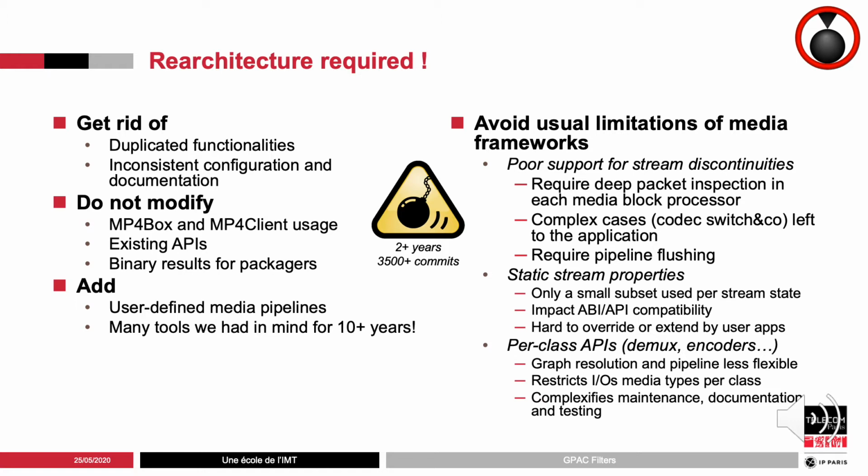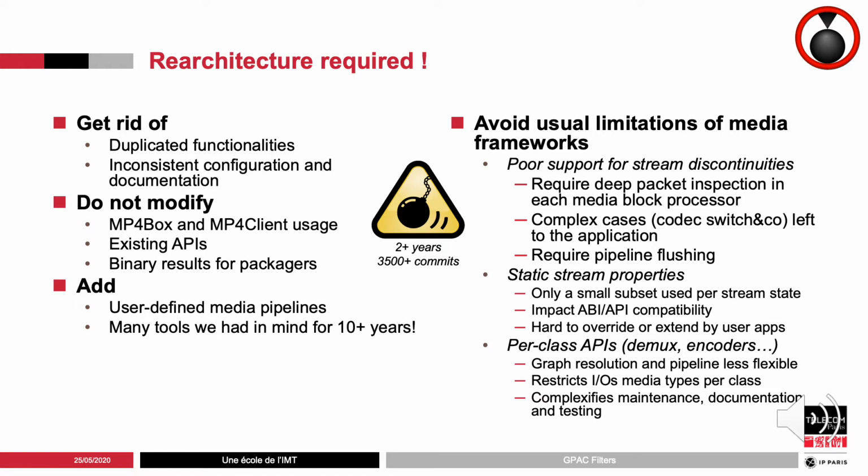So doing this also impacts the ABI and API compatibility, because whenever you need to extend it, whether it's a user extension or because you need some new codec support, you're extending your structures, and so this impacts your ABI and API compatibility. The last problem we found was that we were using per class APIs, so typically demuxers, encoders, and so on would have their own APIs.